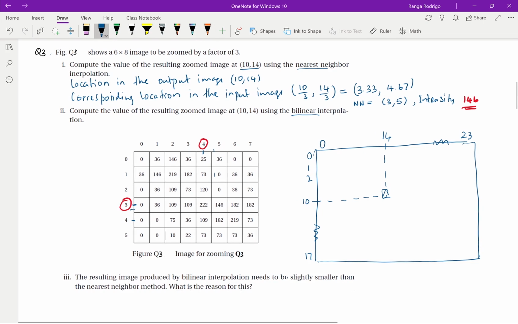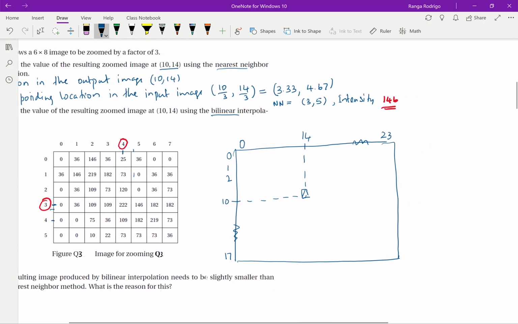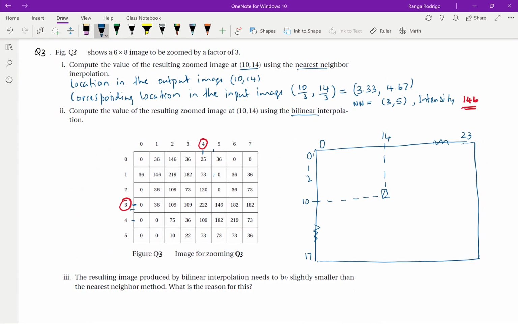So once again, the location of interest is 3.33 and 4 point something, somewhere here, let's say. So these are the 4 pixels of interest around that.